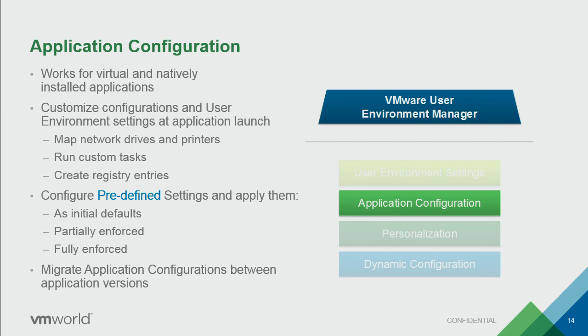You can do the same thing with drives. You can have it run a series of custom tasks if necessary, set certain registry settings as well, all based on when the application is launched and when the application shuts down.